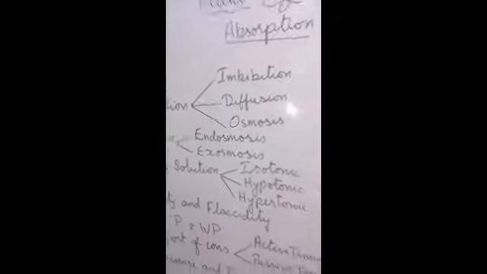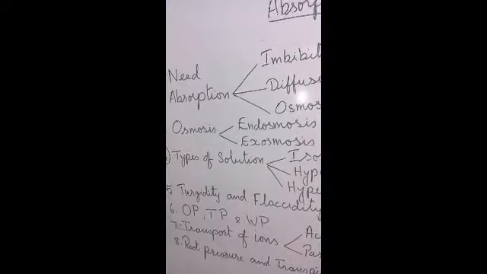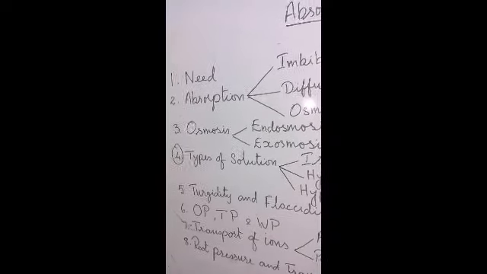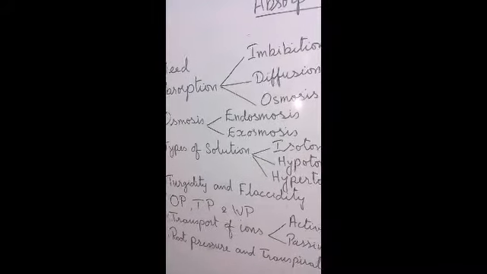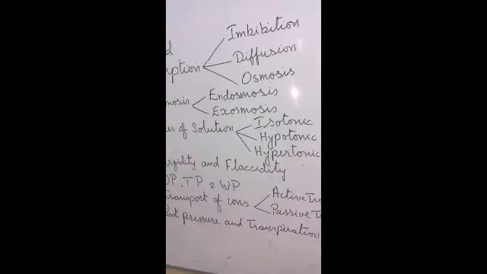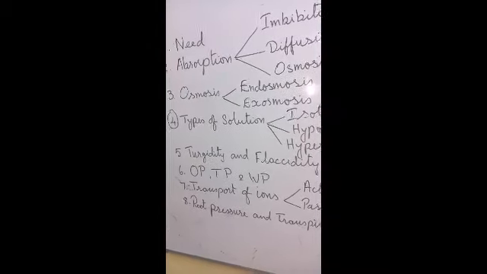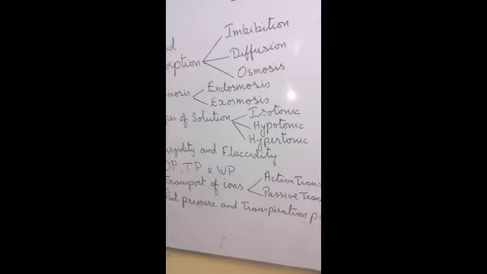Okay, so we have seen this lesson, absorption: why the plant needs water, and the processes which help absorption: imbibition, diffusion, osmosis, then types of osmosis, endosmosis, exosmosis, and types of solutions on the basis of tonicity.